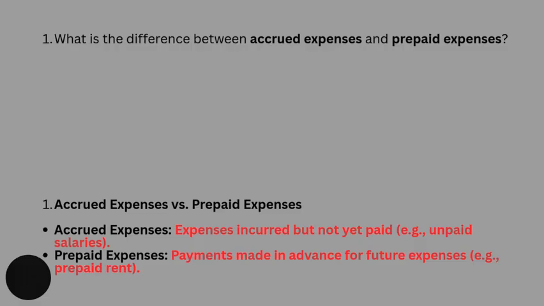On the other hand, we have prepaid expenses. These are payments made in advance for future expenses. A typical example would be prepaid rent, where we pay for the use of a space before we actually occupy it. Accrued expenses: recognized now, paid later.